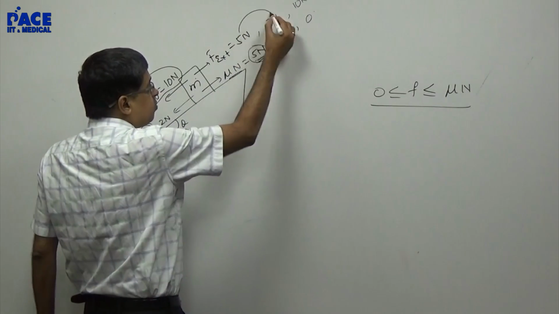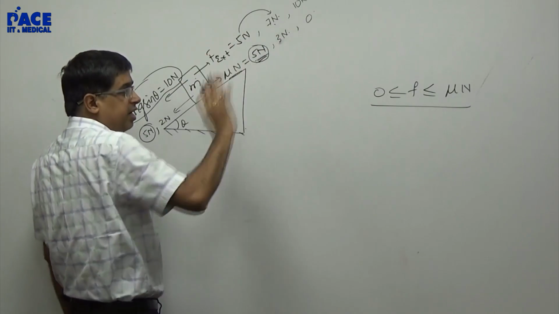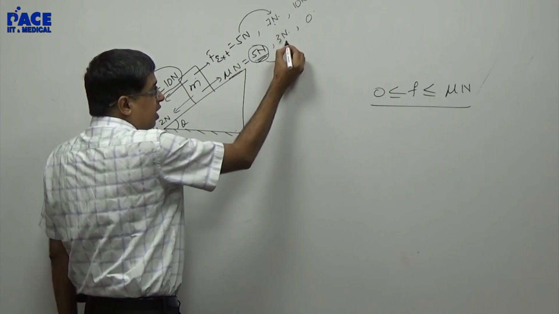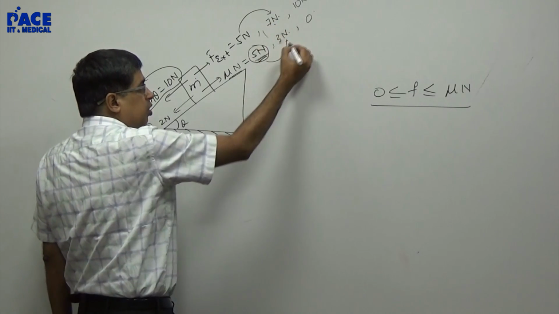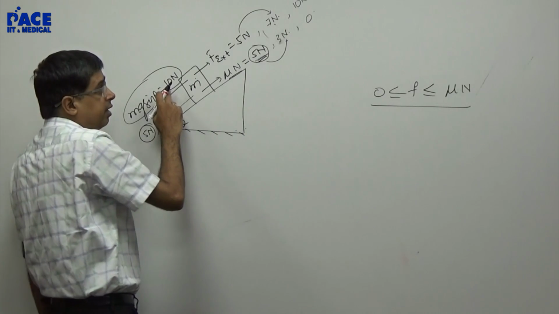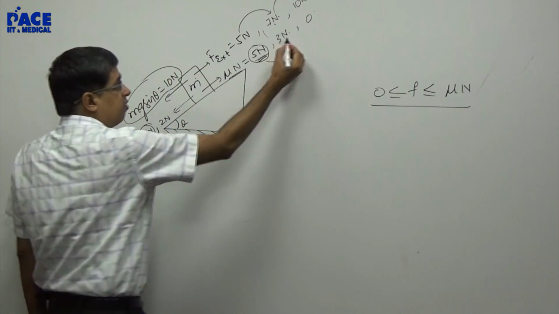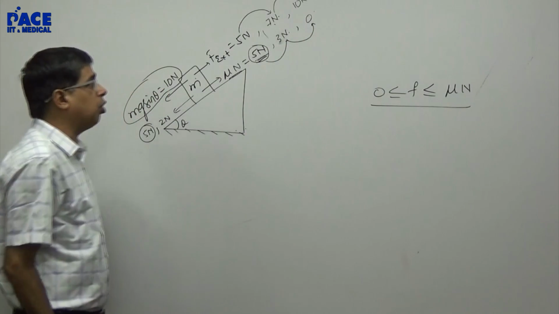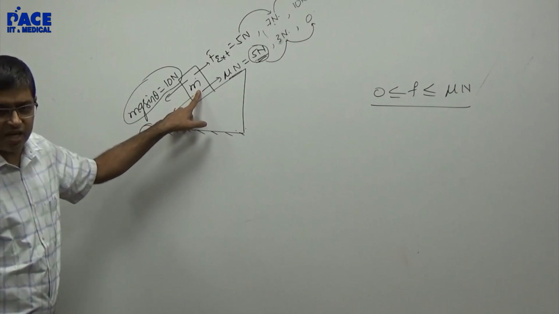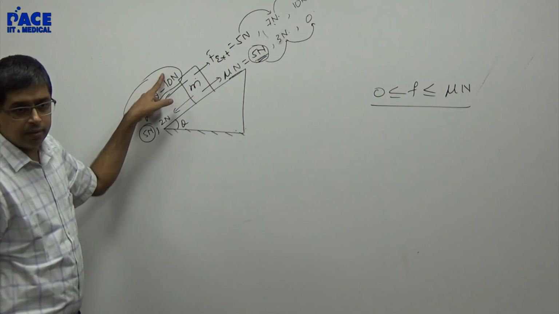If I increase my external force to 7 Newton, the block will not immediately start moving. Friction will decrease to 3 Newton so that the sum remains at 10. If I further increase the force to 10 Newton, friction will decrease to 0 to make sure that the block is at rest. Because 10 plus 0 should be equal to 10.